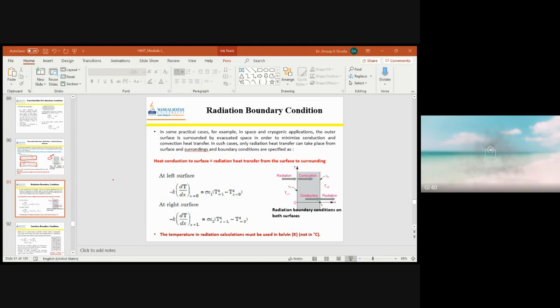And these are very common situations that occur in day-to-day life, and the boundary condition will change depending on the situation. A boundary condition can be designed just by applying the energy balance at the surface, that is, the rate of heat entering in is equal to the rate of heat going out.